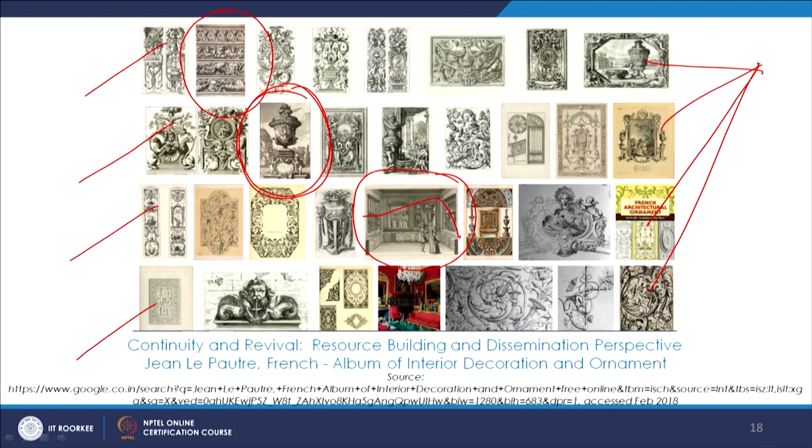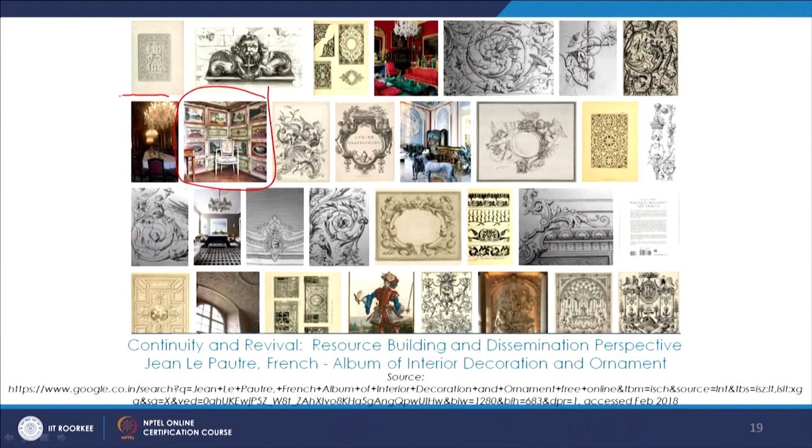We see these wall surfaces, and we see a space over here with human figures, and some floral motifs. We also see some more surface decoration. There are a lot of these details which have been catalogued and preserved, and a resource has been created. Further, if we see here again this interior space, we see some lighting details.